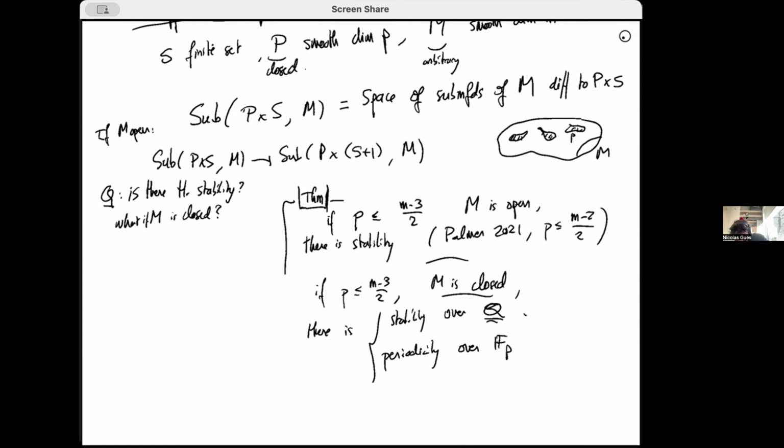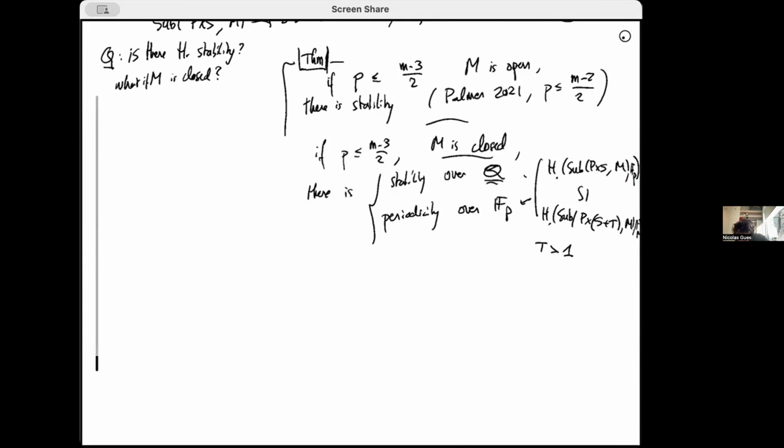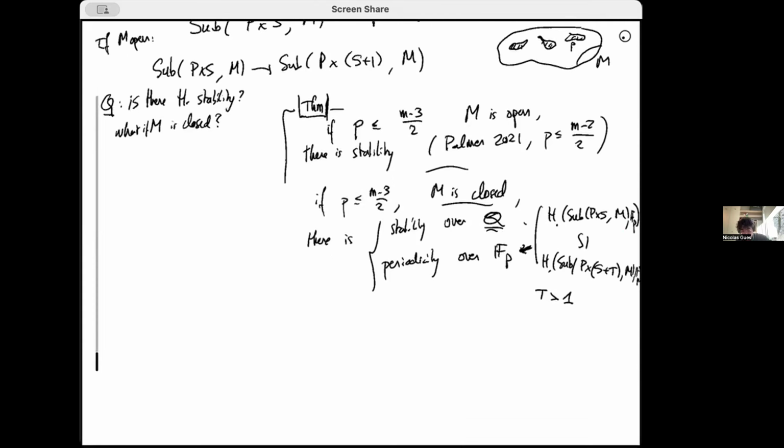This will mean that the homology of Sub of P times S inside M with coefficients in F_p will be the same, if S is sufficiently big, as that of Sub of P times S plus big T inside M, where T is sometimes greater than 1. So this is a periodicity phenomenon. And this happens, for example, for configuration spaces. But here we can show that it still holds for spaces of submanifolds. I think I'm done. I will stop there.